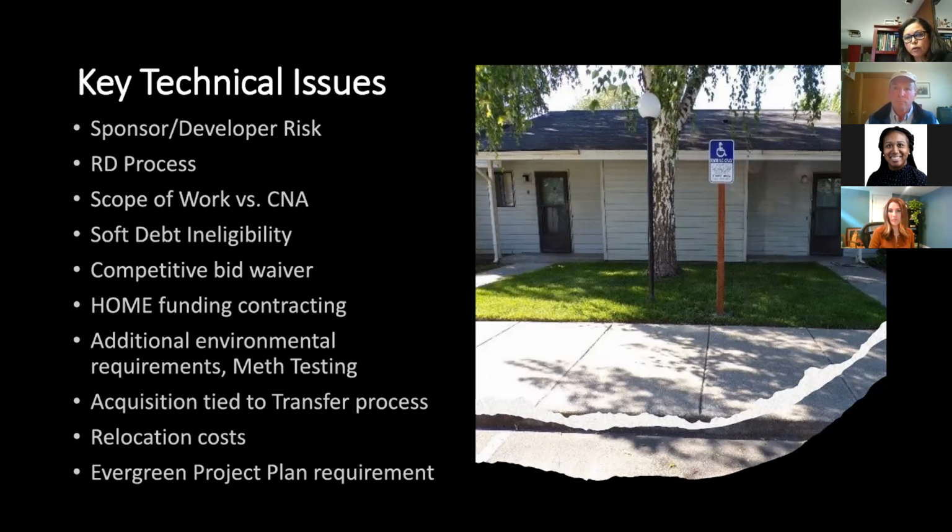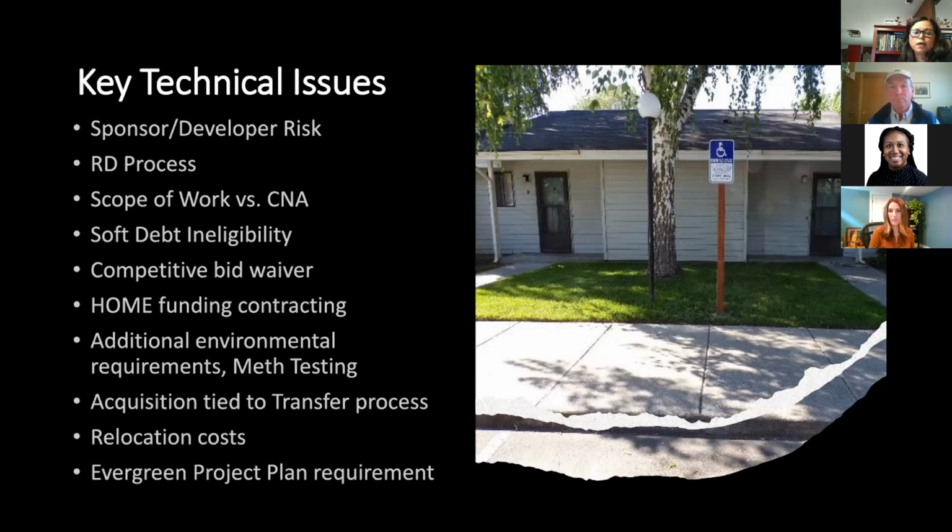And fortunately for Sunnyside Manor, all the 12 units came back as under the threshold, and we didn't have to do any decontamination or mitigation or cleanup in this case. But we did have to do that on another project that we're working with Dave on, located in Sunnyside, where we had to do a cleanup certification, and it was additional time and cost in this case to the current seller.